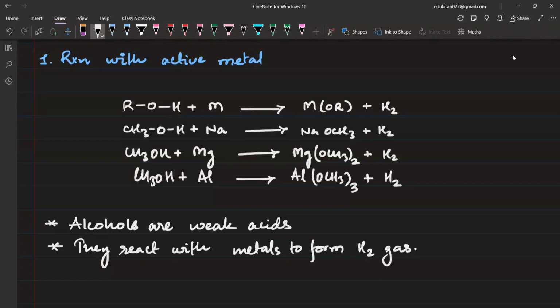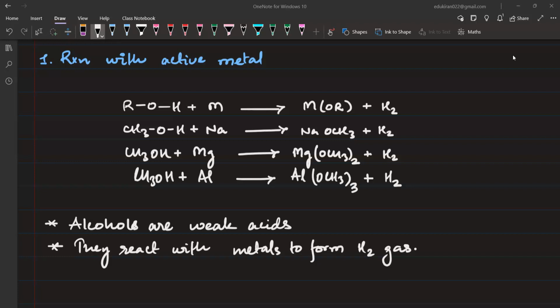If we have established that alcohols are weak acids, then of course we have to talk about the acidic strength of alcohols and the factors determining it. Then we'll also compare the acidic strength with certain other compounds.